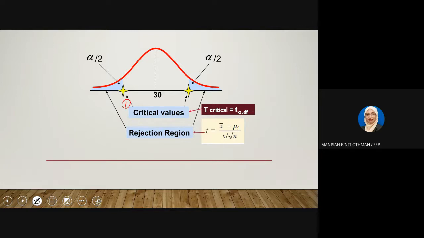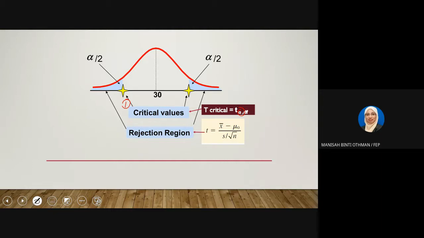How can you identify the critical value? Based on the alpha value or confidence level. Let's say you use a 90% confidence level, then you can get the alpha value. Or you can directly identify the alpha value or significance level as 0.05, which means your confidence level is 95%.